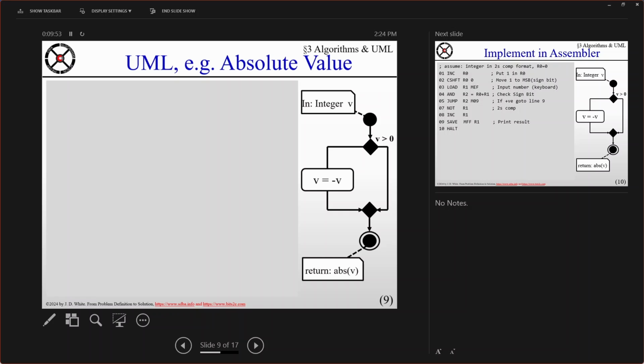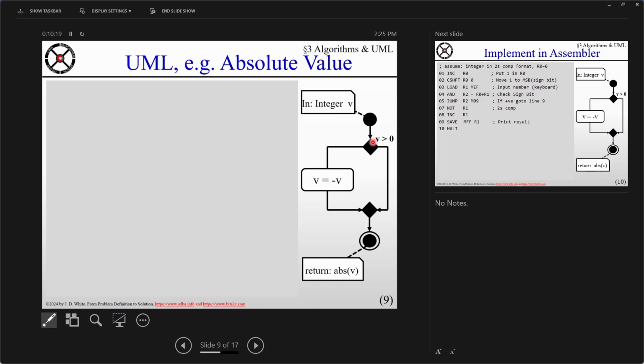The flow changes. If the value of v, I think I should make a highlighter, right? Screen pointer options, let's make a laser pointer. Okay, so if v is greater than 0, I take this route, and then I join and continue, and I come to the end and return the absolute value of v.